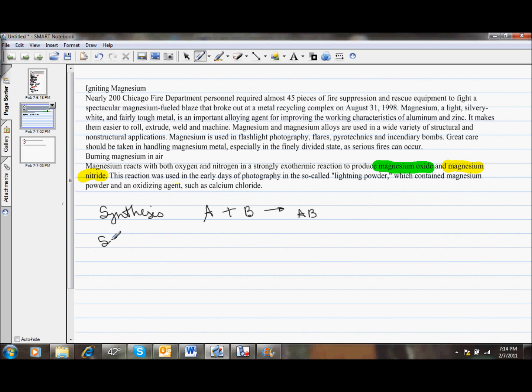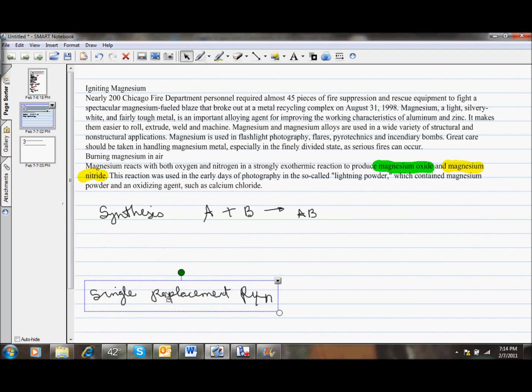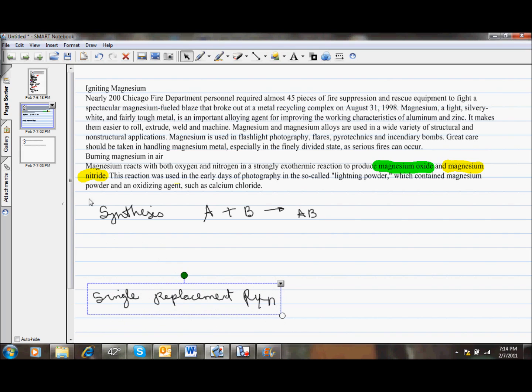We also have a single replacement reaction. Let's keep our single replacement reactions for a little later, as soon as we're done talking about our composition reaction.